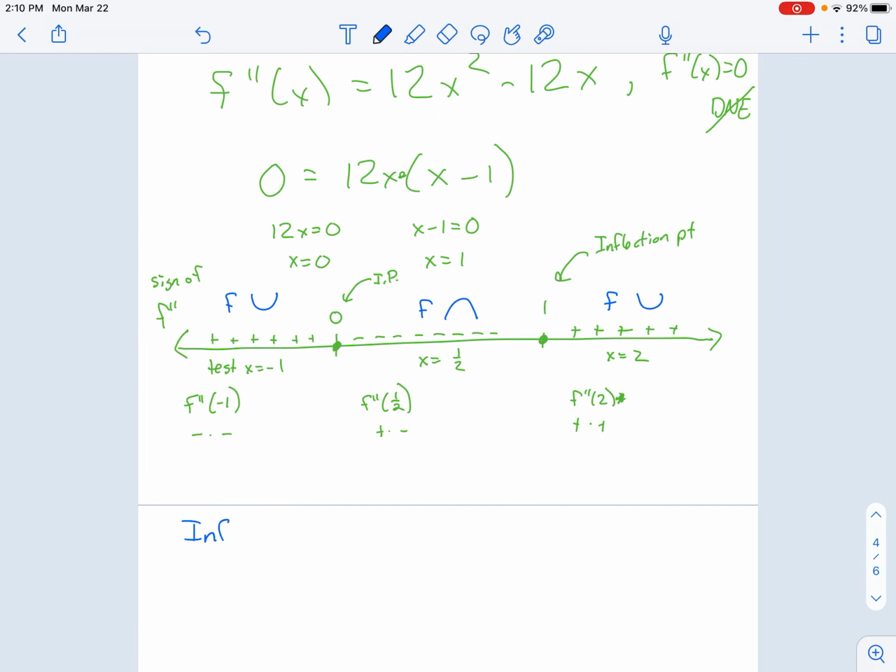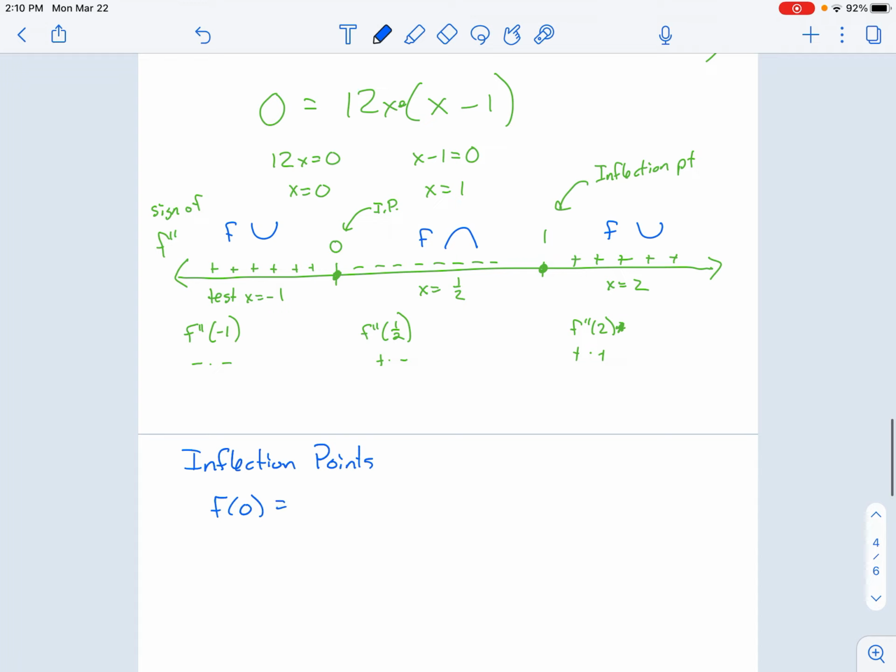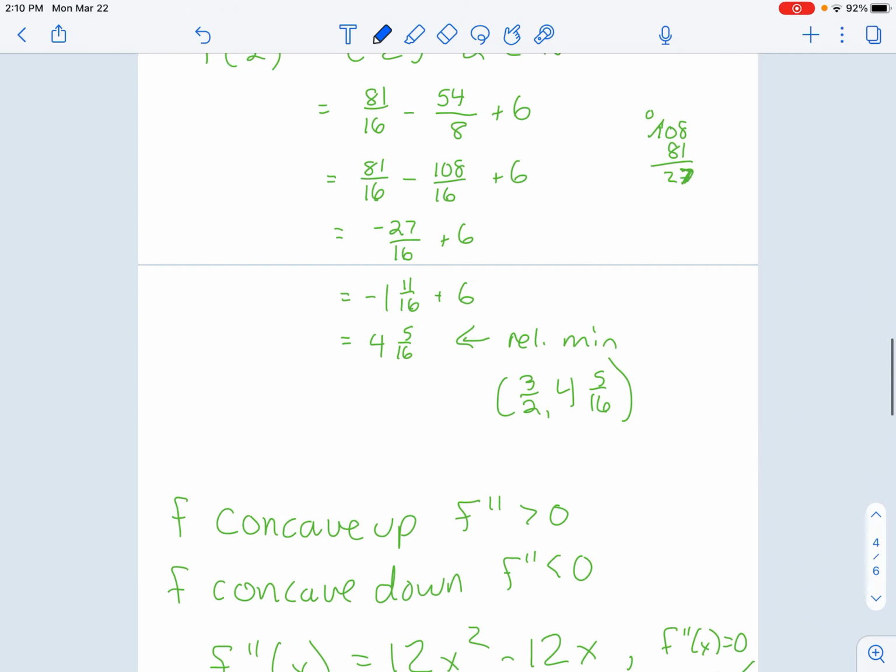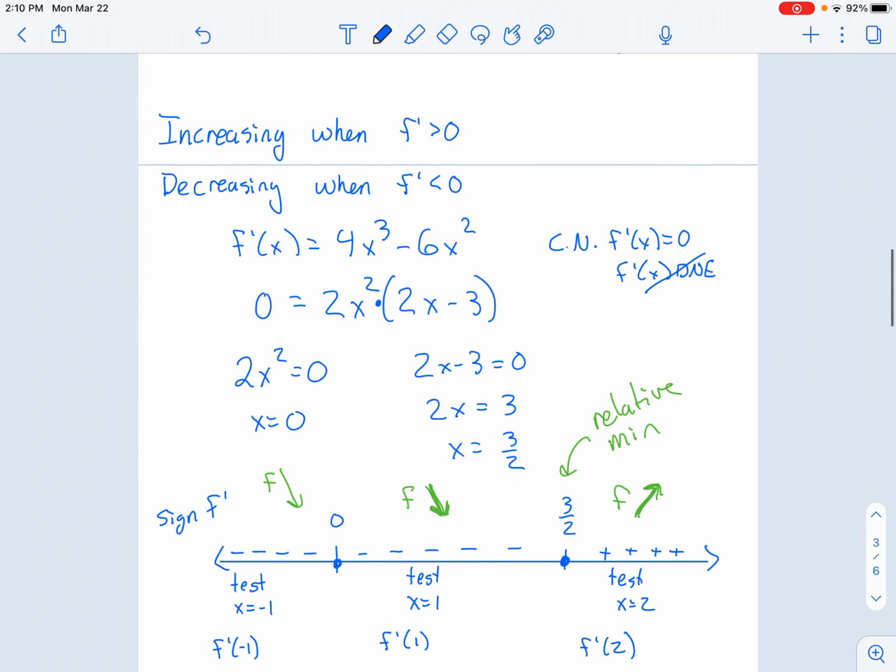So to get the inflection points, we need to look at f of 0, which we've already figured out above is 6, and we need to look at f of 1. Oh, 1 is much better to sub in here than what we had with the 3/2. So I forgot what f was already here. What was f?